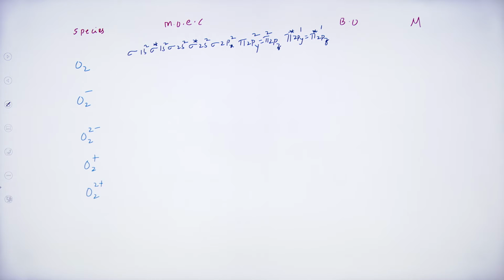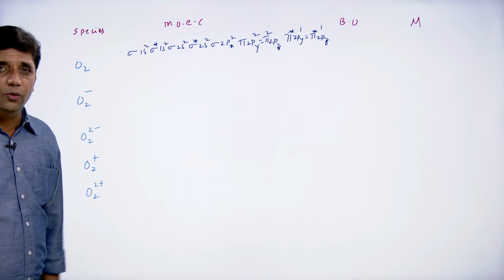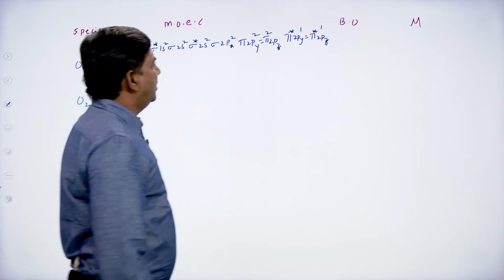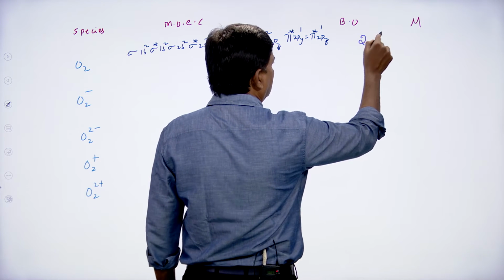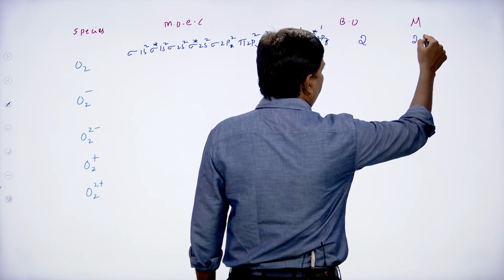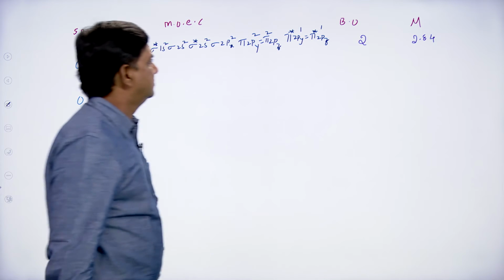This is the molecular orbital electron configuration for O2. Bond order is 2, and magnetic moment is 2.84.